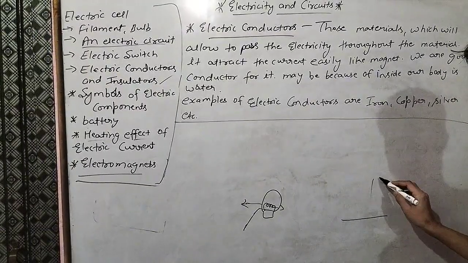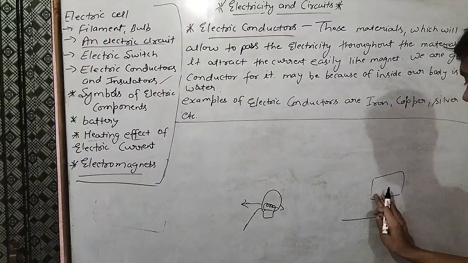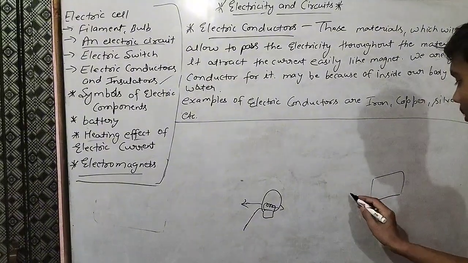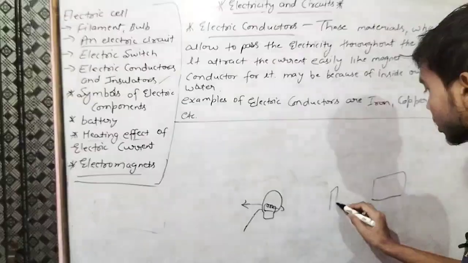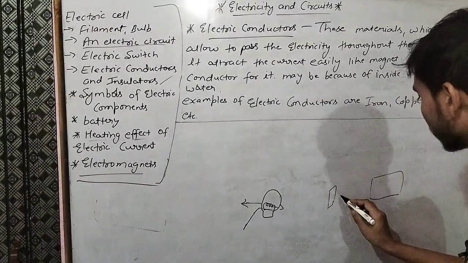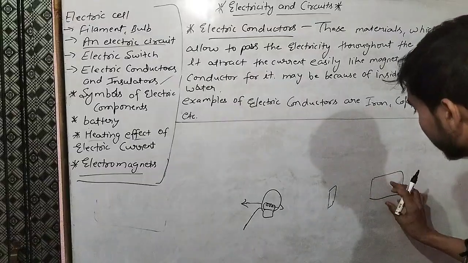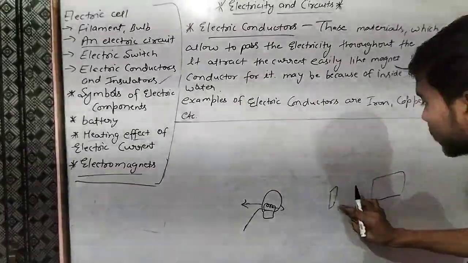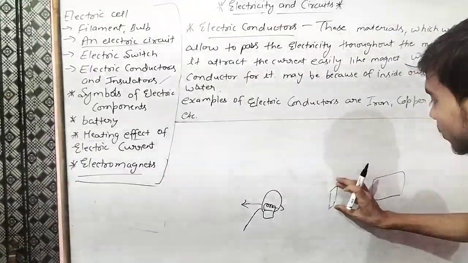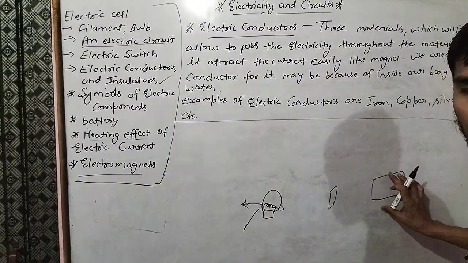Magnet, I hope we know. A magnet attracts iron objects. When this is near, in front of this iron, the iron will get attached to this magnet.